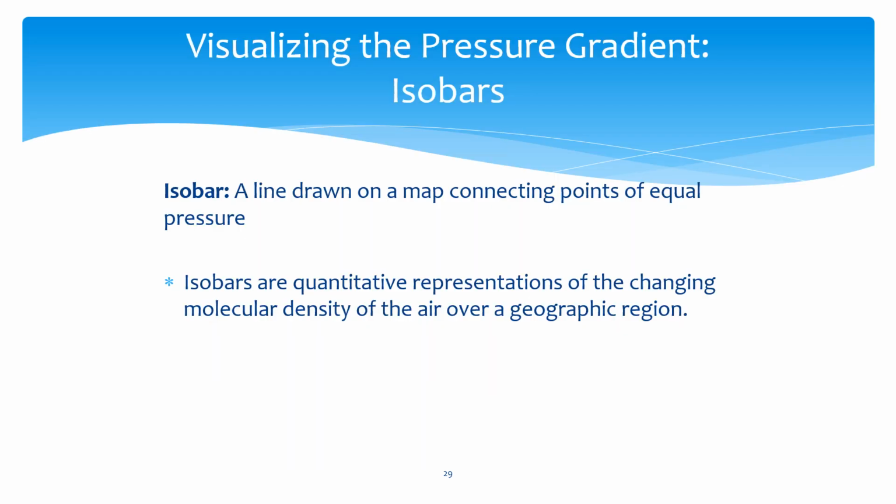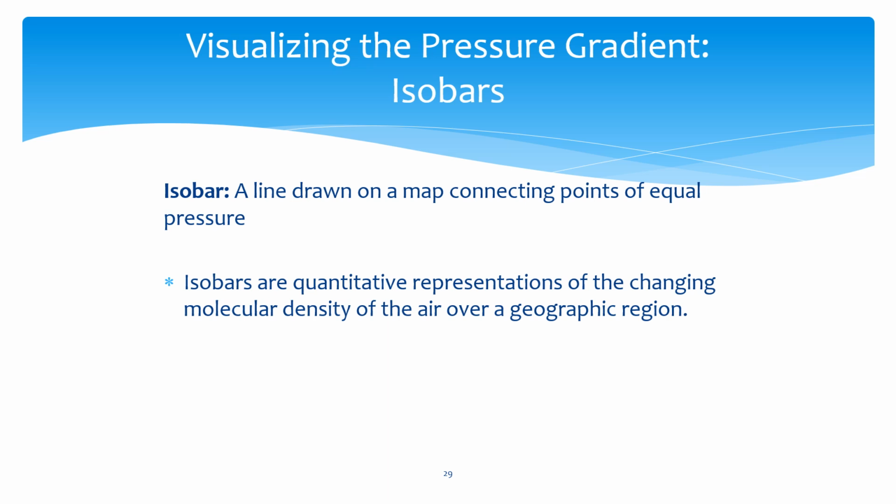How could we visualize that pressure gradient? We use something called isobars. Remember when we first got started in solar energy, I was talking about isotherms, and then in the last chapter we had a map with iso lines on it showing lines of equal relative humidity.